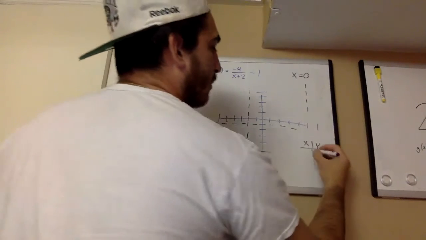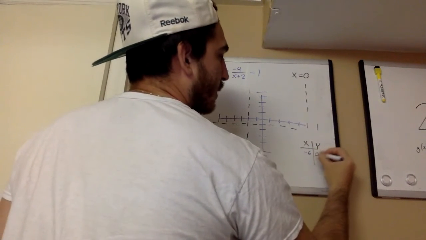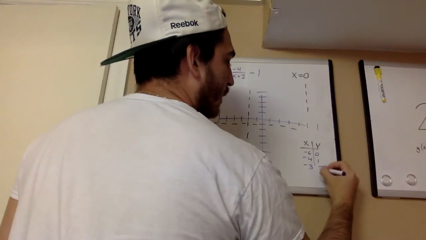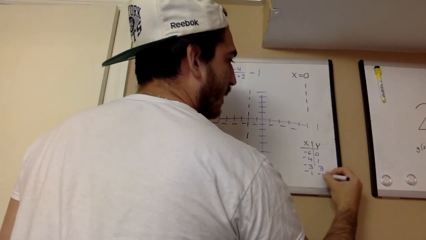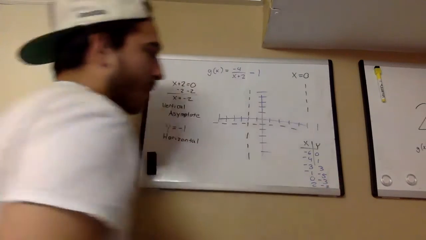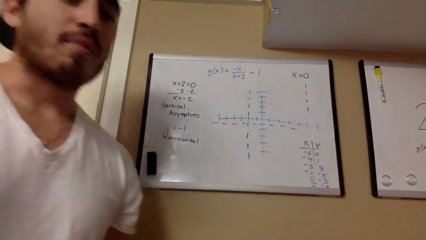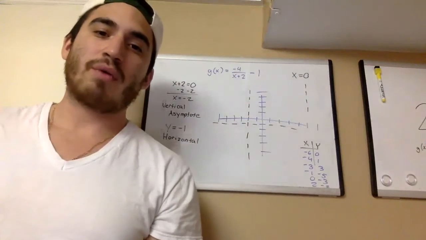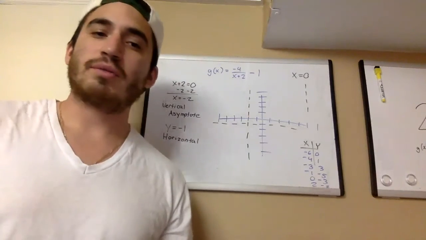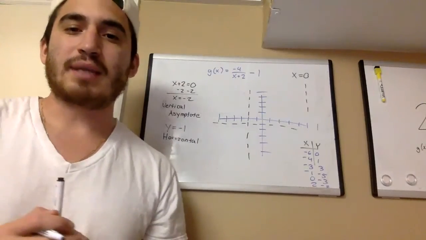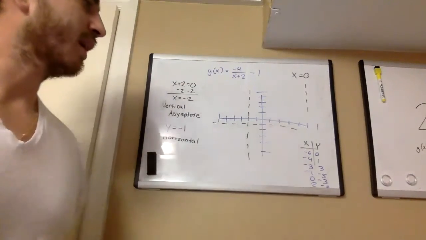We should be getting the points (-6, 0), (-4, 1), (-3, 3), (-1, -5), (0, -3), and (2, -2). If you notice, I'm not going exactly in order because I'm only going to be graphing my whole numbers. There's no point in graphing all of the decimals, unless it's an easy decimal like 0.5.